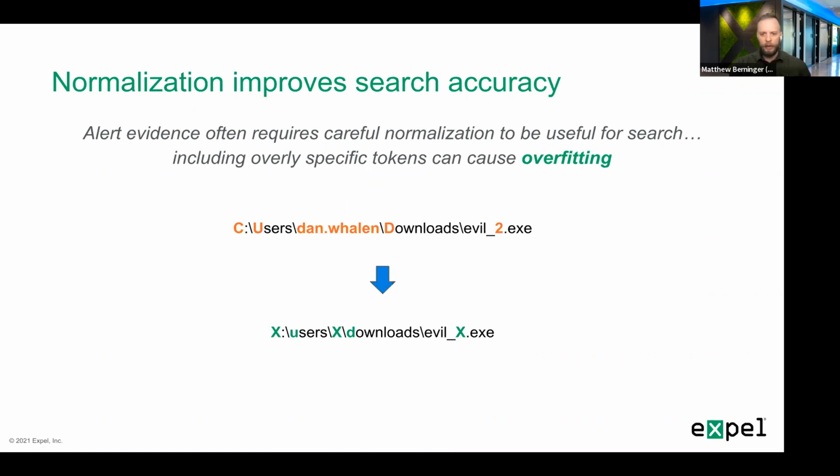From a data science perspective, if we were to include, for example, the username in a path like this, or even the file number in the file name, this can lead to what's called overfitting as well, where you're now training your model or your representation of your documents to be overly specific to, let's say, Dan Whalen. What we don't want to do is find things that are similar to this artifact because it also has Dan Whalen. We want to find behavioral similarity or more generalizable similarity. So that is definitely a big step in our process as we prepare the data for the tokenization step, which I will go into next.